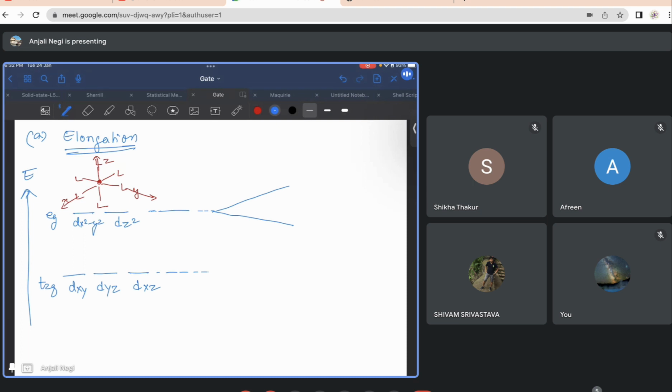So if I am stabilizing or lowering the energy of the d orbitals with z component, it means that my dz square will be lower in energy in comparison with my other d orbitals.